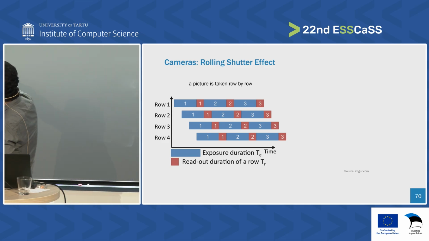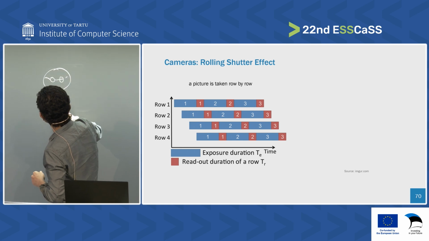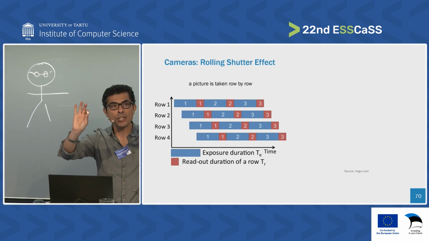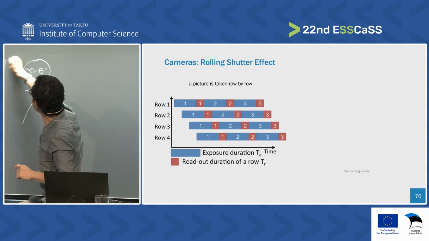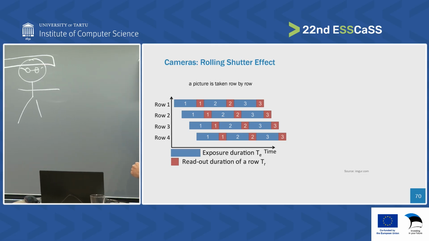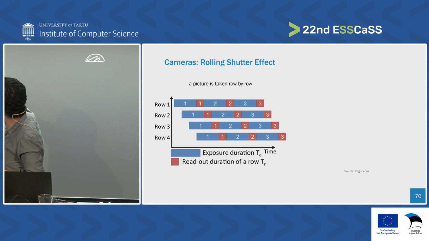So this is me. These are my glasses, my body. The camera is not opening and taking a picture of all of me at the same time. What it's doing is, first, it is opening the first row. So it's taking only a picture of that. So I'm going to appear there. Now, then it's going to come for the second row.